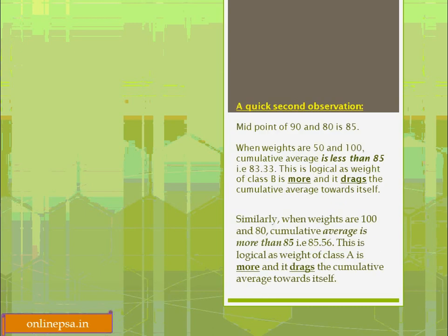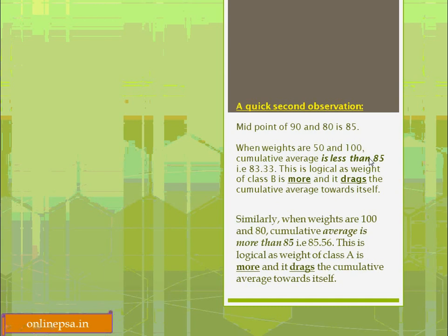There is a second observation which we would like to tell. The two averages which were given to us for class A and B were 90 and 80. The midpoint of 90 and 80 is nothing but 85. Now consider the first scenario when the weights were 50 and 100. The cumulative average was 83.33. Now you see that the midpoint value is 85 and the cumulative average for the first scenario was 83.33, which is less than 85.